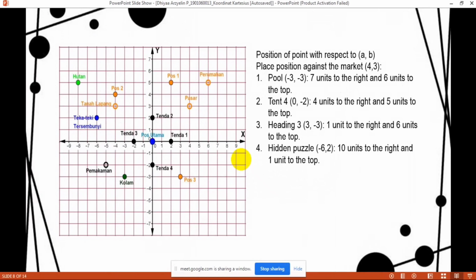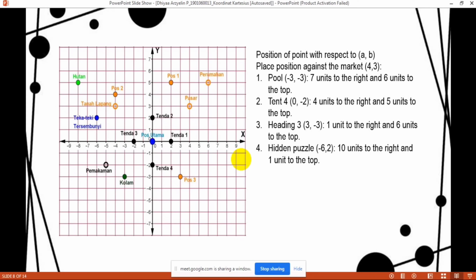Next, position of point with respect to A, B. Place position against the market 4, 3. So the place pull. So pull to the market is 7 units to the right and 6 units to the top.